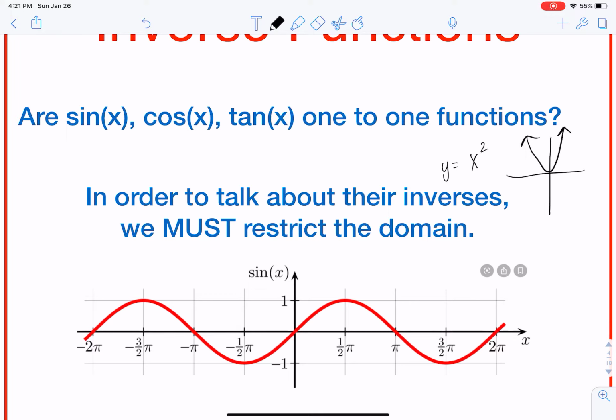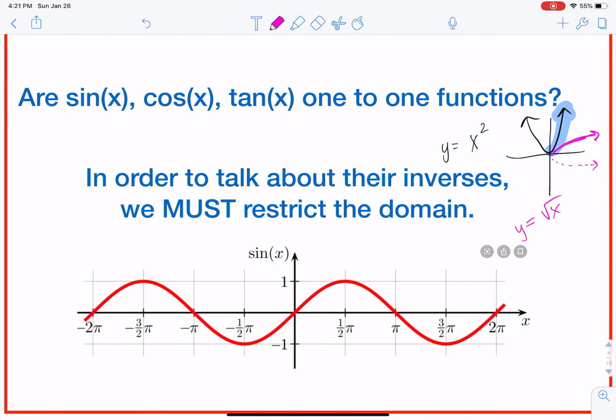If I wanted to talk about the inverse function of a parabola, I would really only refer to this piece of my parabola, so that when I take the inverse, and we'll do it in another color, my square root is also a function. So the inverse of x squared is the square root of x. But when we talk about it as a function, we're only talking about these positive values, and we're not really referring to these negative values that are down here.